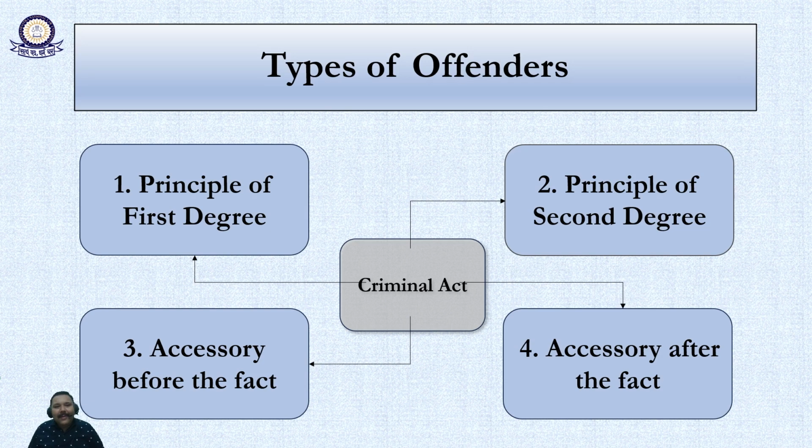Now in joint liability, we discussed the same chart: there are types of offenders. Some are principal of first degree, principal of second degree. Those who are principal of first degree are liable by virtue of the very act they are committing. Means they are actually involved first hand.